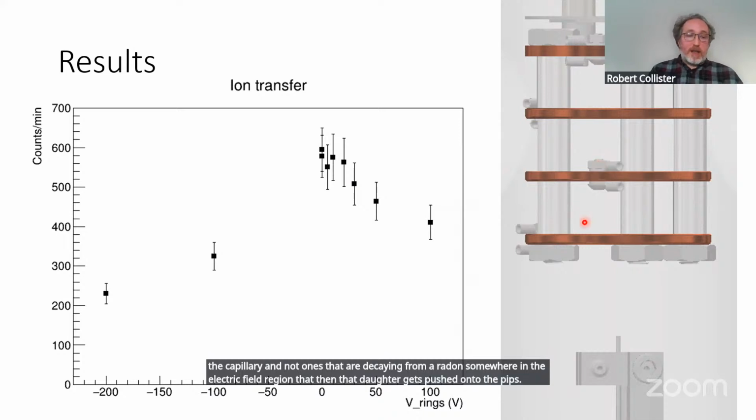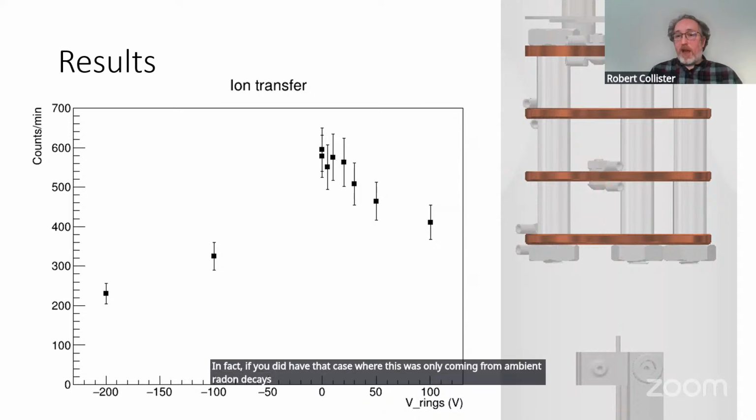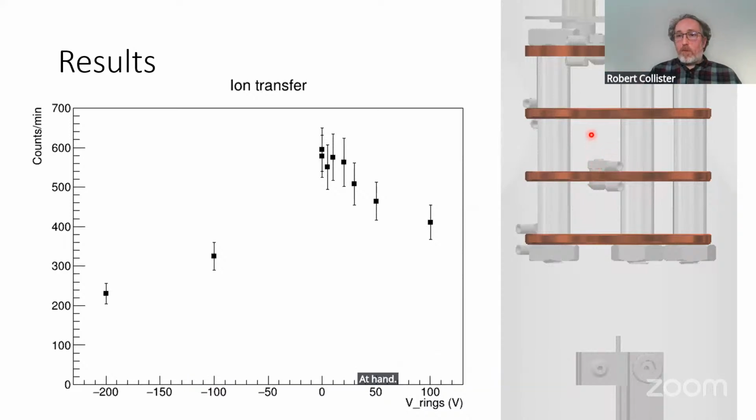In fact, if you did have that case where this was only coming from ambient radon decays happening in the chamber and not from polonium ions being carried up the pips, you would see an opposite effect. Because the way the field lines look in this, and I don't have a plot of that at hand, you need a stronger electric field for ions off the center axis to make it to the pips.